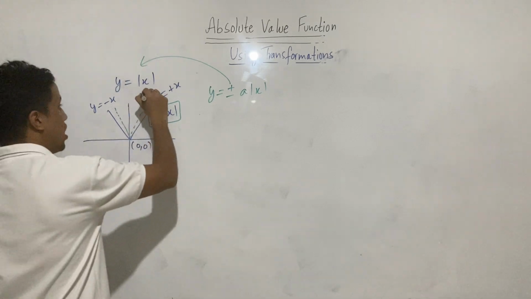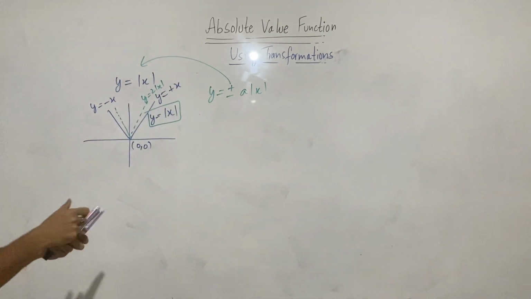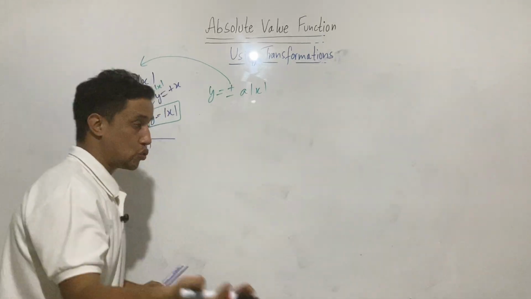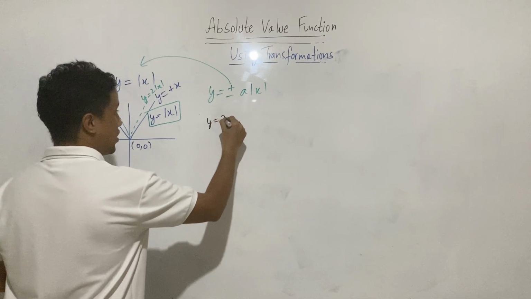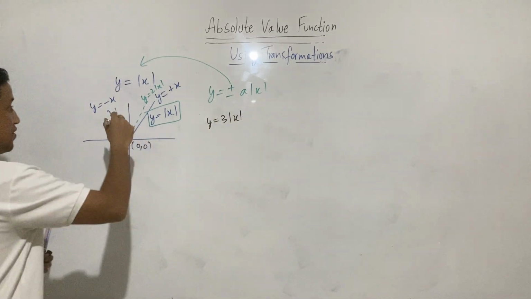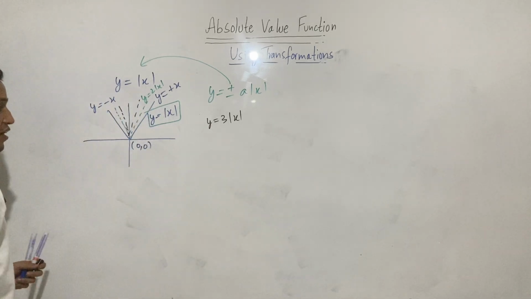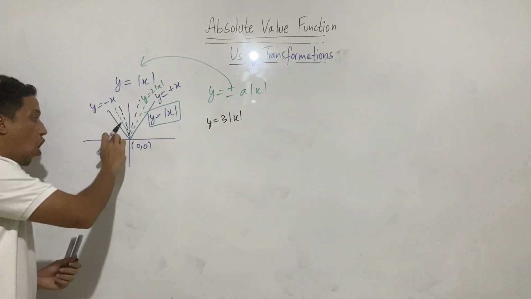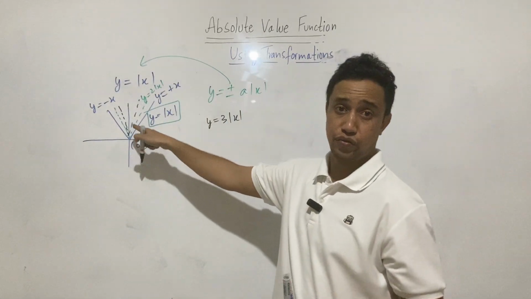This is y equal to 2 times the parent function x. If I sketch the graph for y equal to 3 times the parent function x, it gets more compressed, and it would be this one. But all these three graphs have their vertex at the origin, 0, 0.